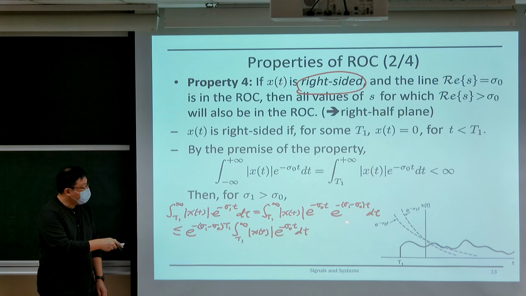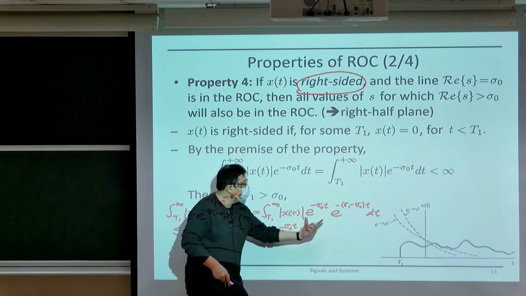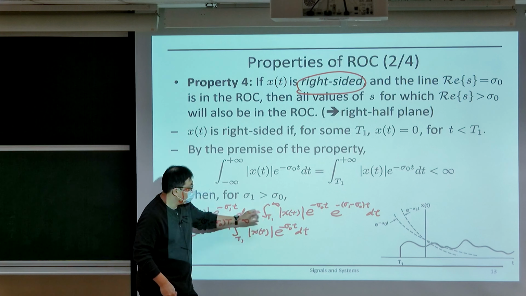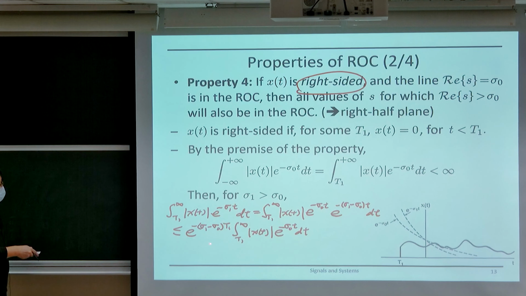So I upper bound this by a constant, e to the minus (sigma 1 minus sigma 0) times t1. So this is the maximum value of this within this range, okay? So we have this maximum value times the integral of absolute x of t times e to the minus sigma 0t, which by the premise is finite. So this thing is finite.